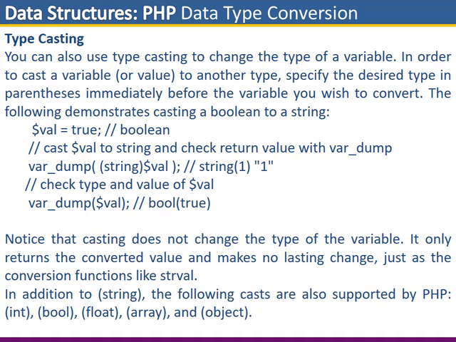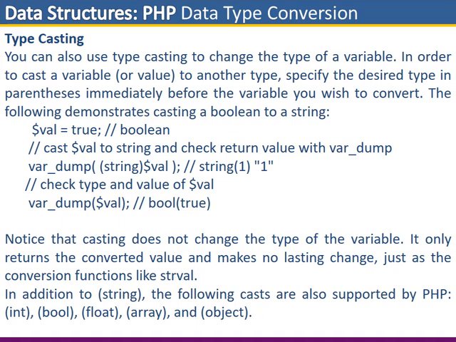Now we can see that it is now a string. It has been converted to a string. The $value that was a boolean before has been converted to a string "1", with the double quotes. We want to show the data type and the value of the $val.